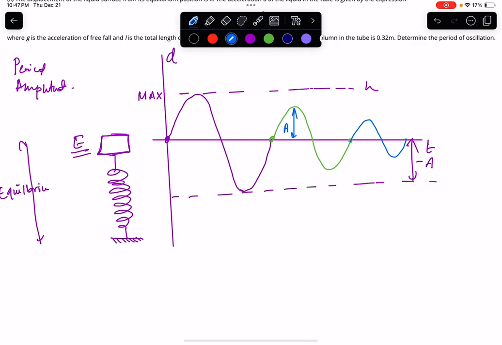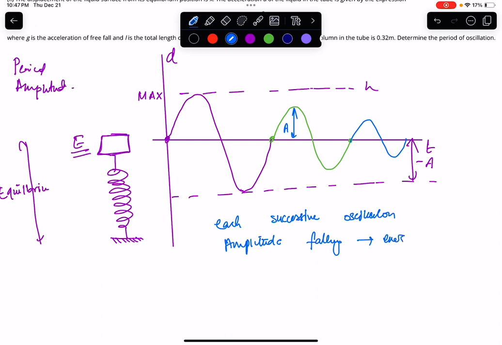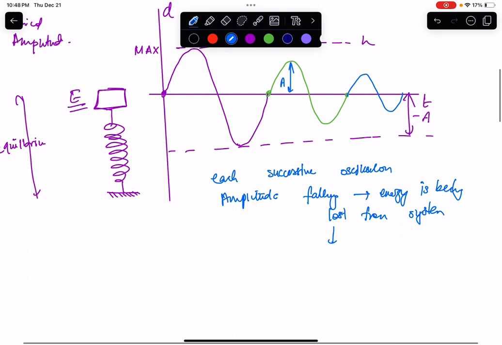With each successive oscillation, the amplitude is falling, and the reason the amplitude is falling is because energy is being lost from the system. The energy loss can come from friction, perhaps.